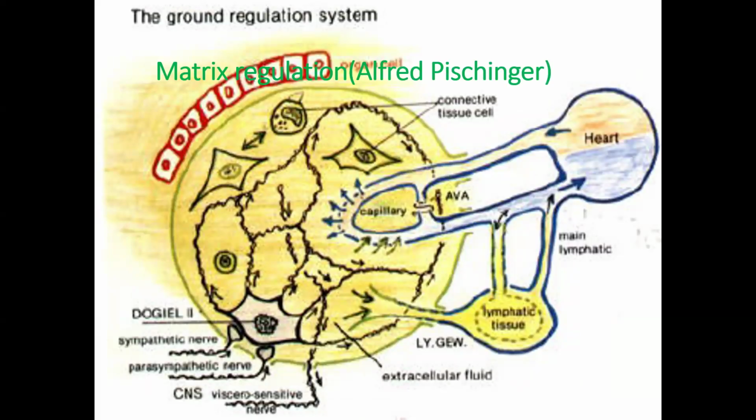Now, matrix regulation theory was developed by Alfred Pischinger, a German physiologist here.